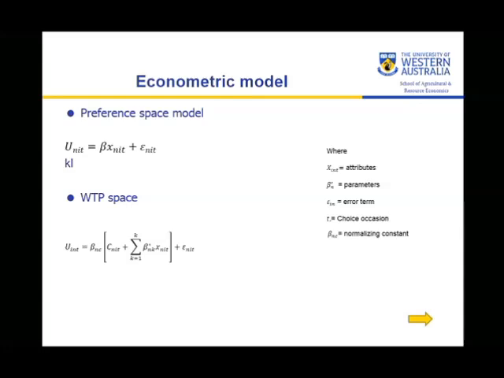But when it comes to WTP space, what we're trying to do is make sure that we normalize the cost, or in our case, the monetary attributes, such that the estimates that we'll get are willingness to pay estimates.